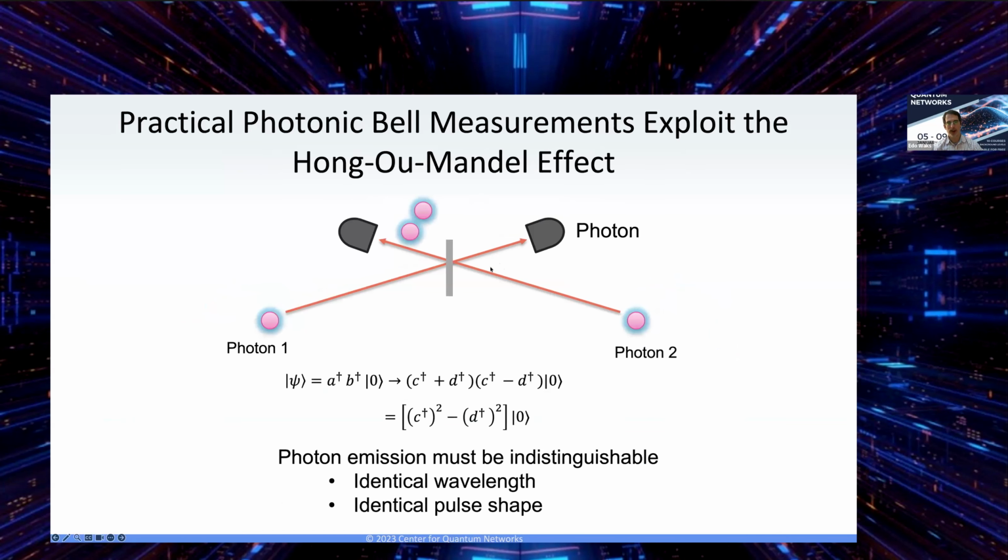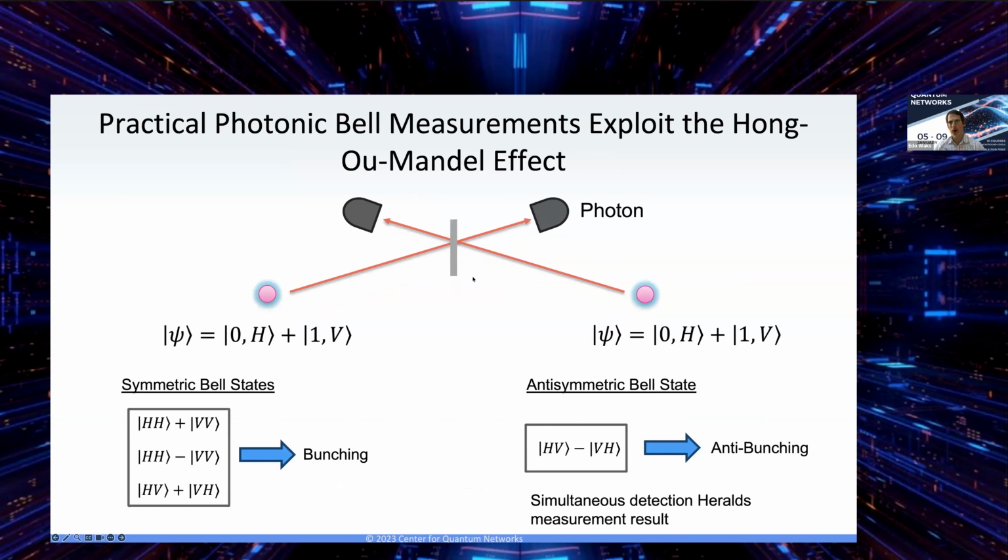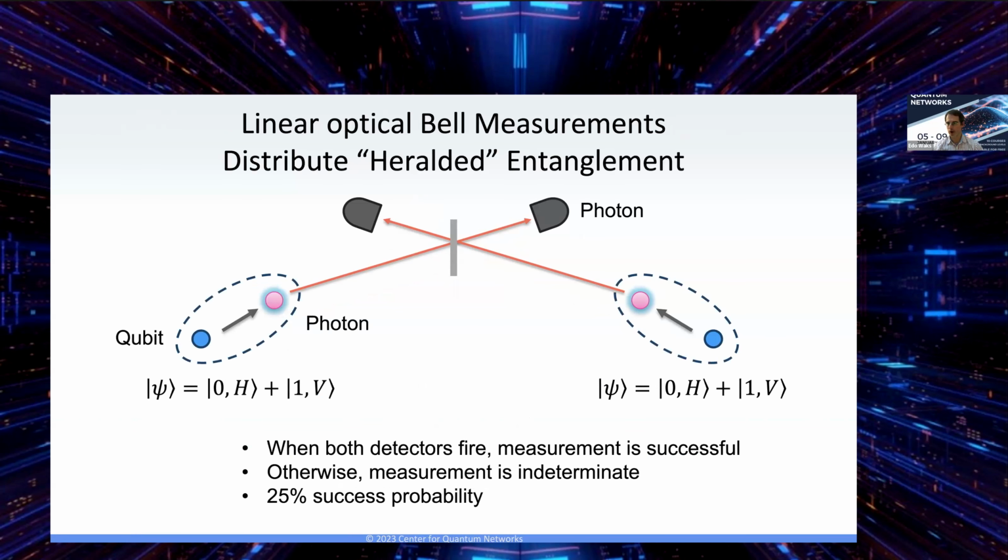The Hong-Ou-Mandel effect only occurs when these photons are indistinguishable. In other words, when they're identical particles. If they have anything that distinguishes them, like polarization, frequency, pulse shape, they will not exhibit this interference. And we will not get perfect Hong-Ou-Mandel interference. So for those of you who got it, great. For those of you who don't, hopefully that point clarifies how we get Hong-Ou-Mandel interference.